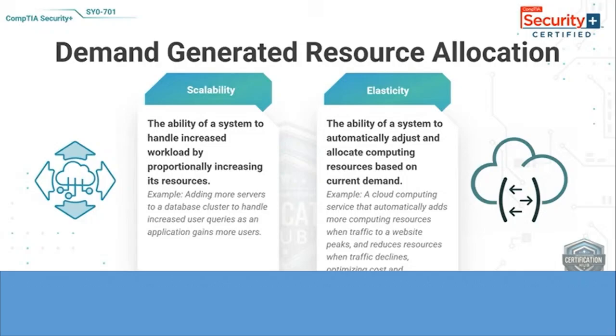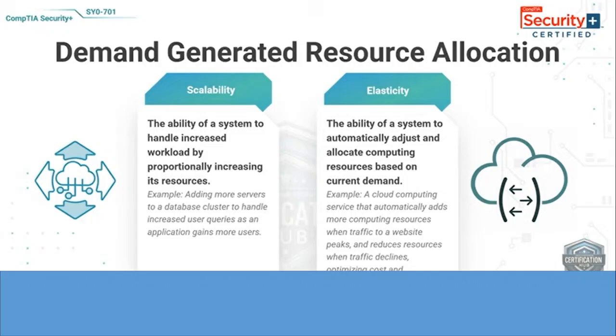Scalability and elasticity. We can categorize these in two parts. Scalability is what? The ability of a system to handle the increased workload by proportionally increasing its resources, like adding more servers to a database cluster to handle increased user queries as an application gains more users. Elasticity is what?